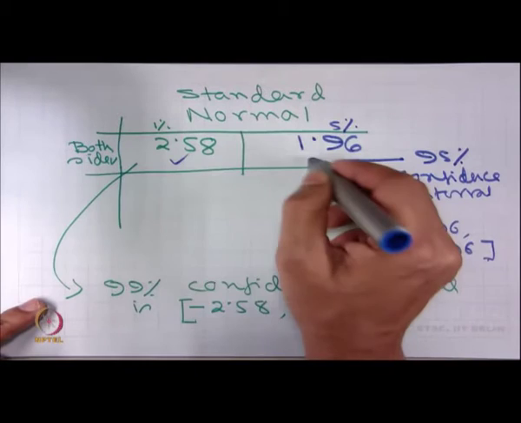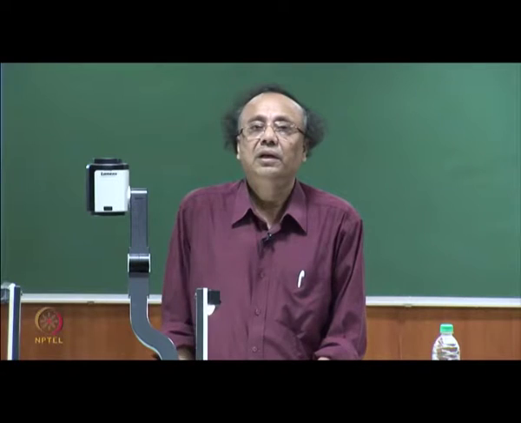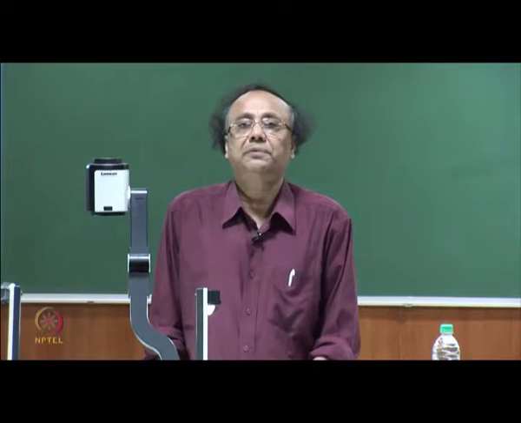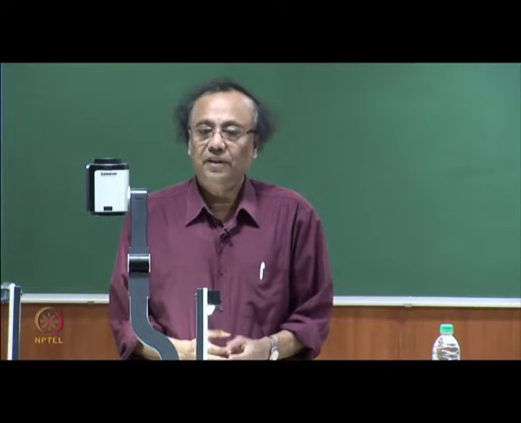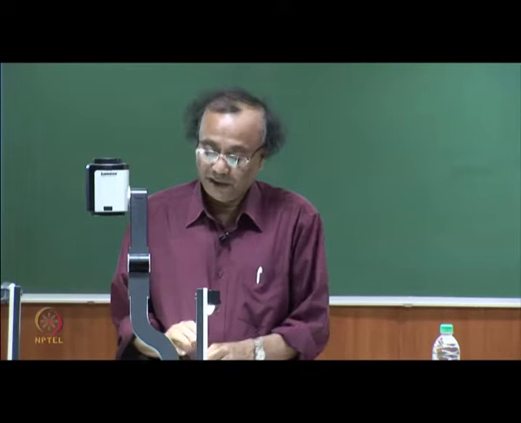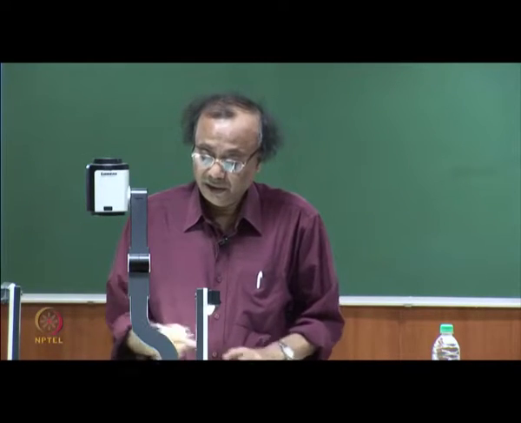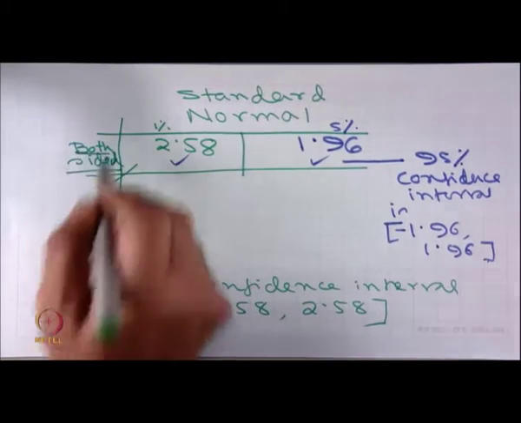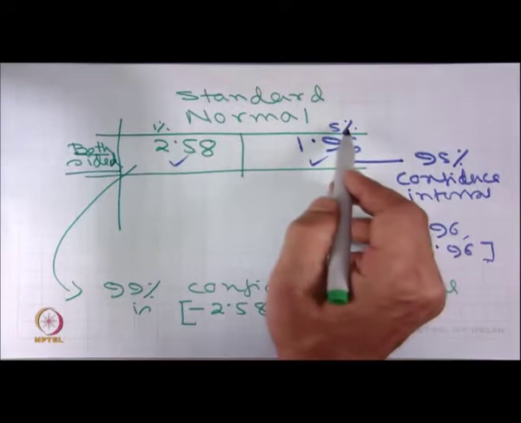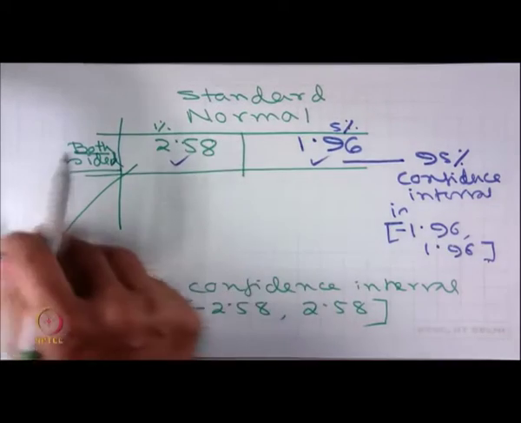So, these two values you need to remember, because typically these are the values that we use. Of course, there are many other values, as you have seen in the table, it is full with values. So, for normal, for different levels of confidence, we can actually obtain the value from the table, but for this class we restrict ourselves only to the two cases, both sided interval and 95% confidence and 99% confidence.